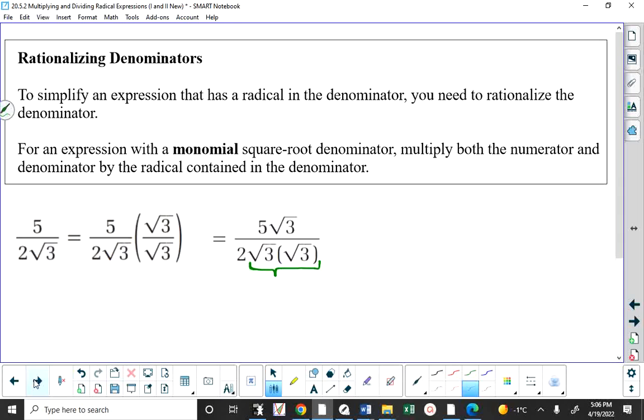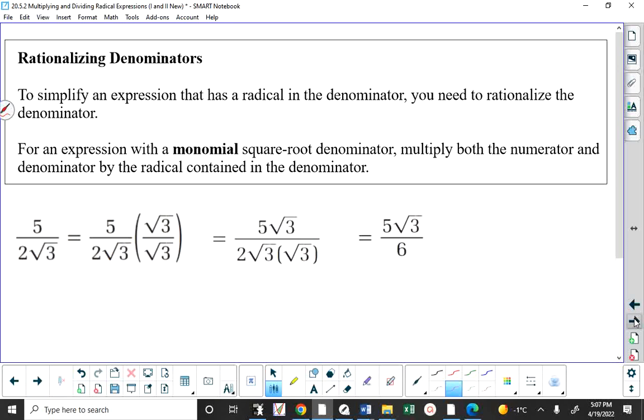Because we have root 3 times root 3, which is root 9, which is 3, when we multiply the top and the bottom by that root 3, we end up getting rid of the root in the denominator. We end up having on the denominator 2 times root 3 times root 3, which is 2 times 3. And this 2 times this 3 gives us 6. So the answer is 5 root 3 over 6.